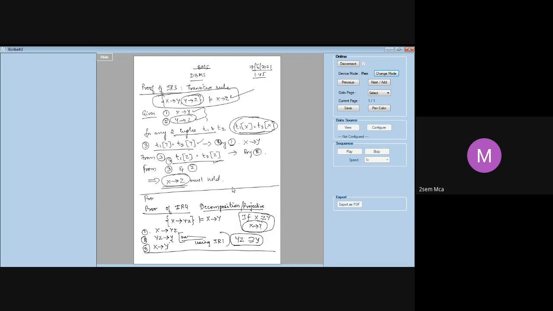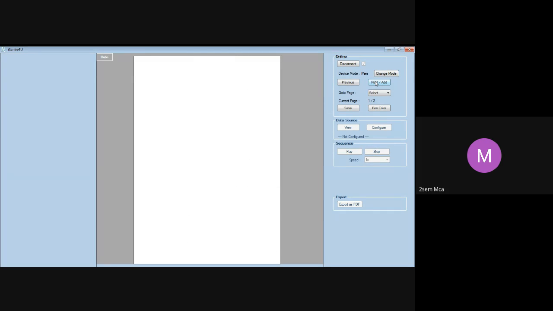You want me to do it again? So IR4, what is given? I'm just repeating. X determines yz is given to us. We have to infer x determines y. So the first step is I write down whatever is given to us: X determines yz.